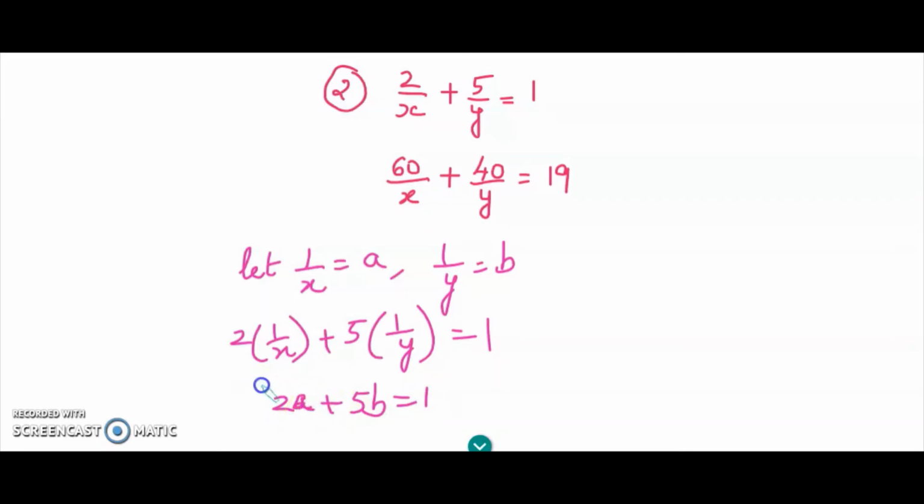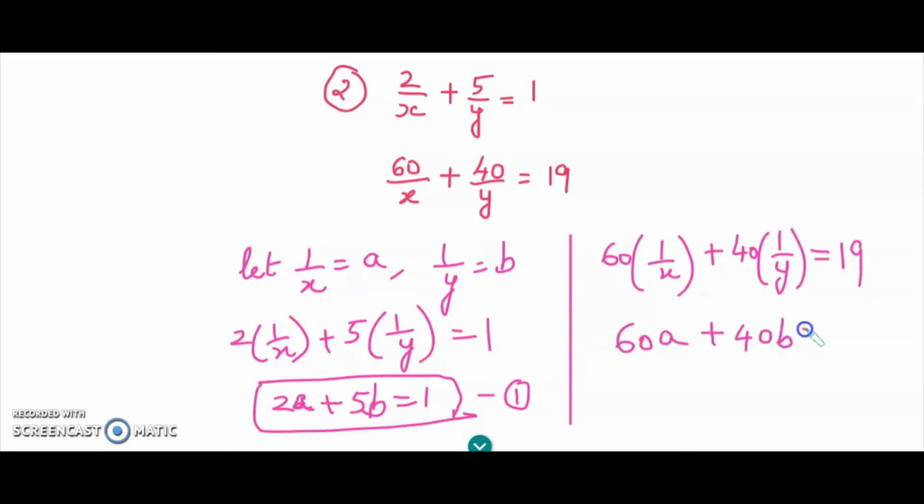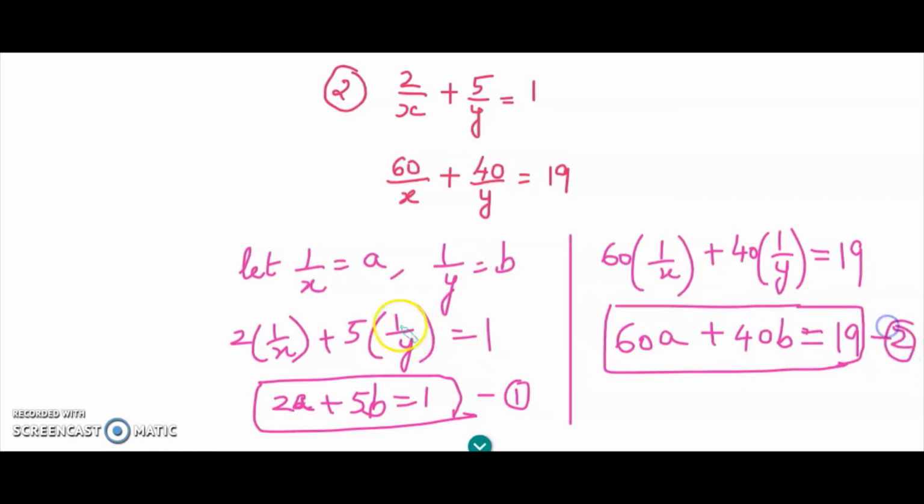You can take u and v, you can take a, b, any variable which you want to select. There is no hard and fast rule. Next is 60 times 1 upon x plus 40 times 1 upon y equals 19. So I get 60a plus 40b equals 19. Now you'll do elimination, find the variables a and b, and then just do the reciprocal, you'll get your x and y.